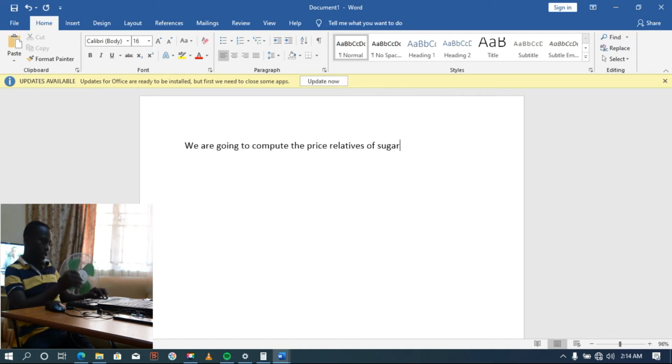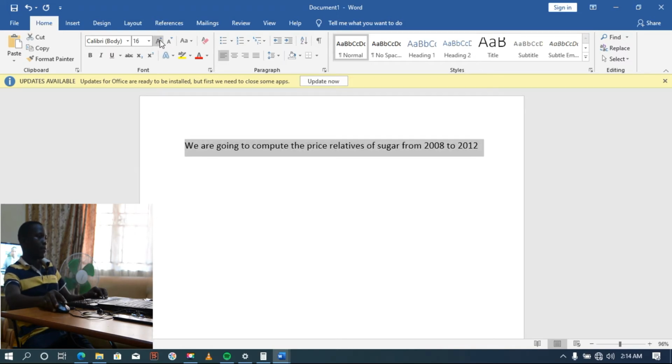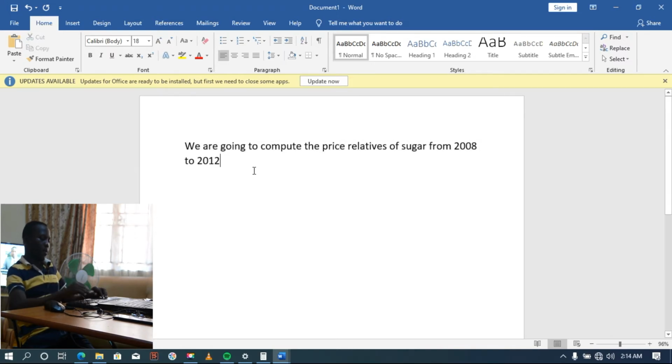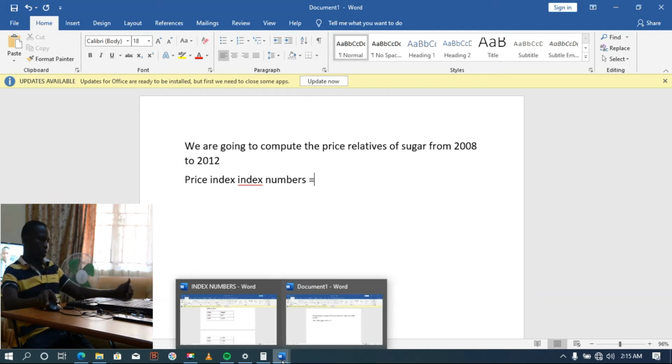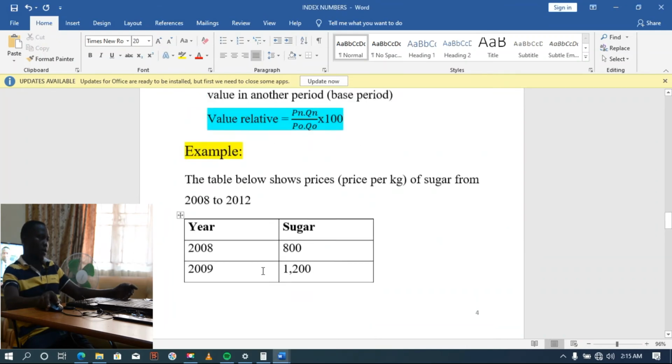We're going to compute the price relatives of sugar from 2008 to 2012. So remember, we said that the price relatives, or price index numbers under simple index numbers, are given by this formula: Pn over Po times 100.